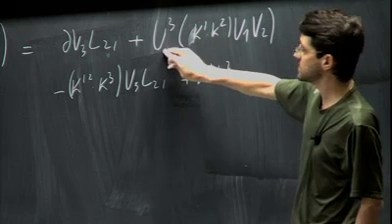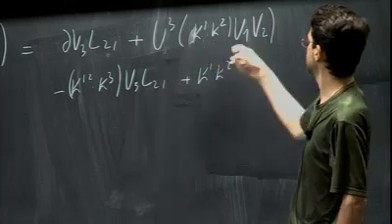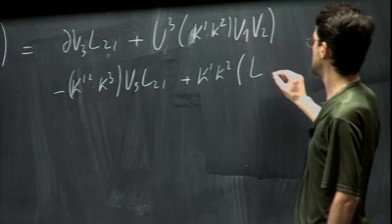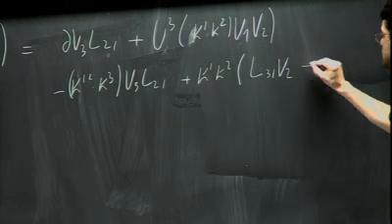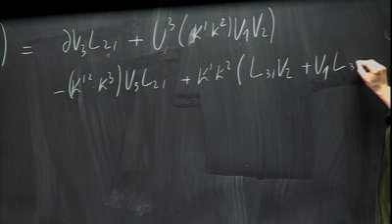by using the definition of L21, we now have, so this becomes L31 V2 plus V1 and then L32.